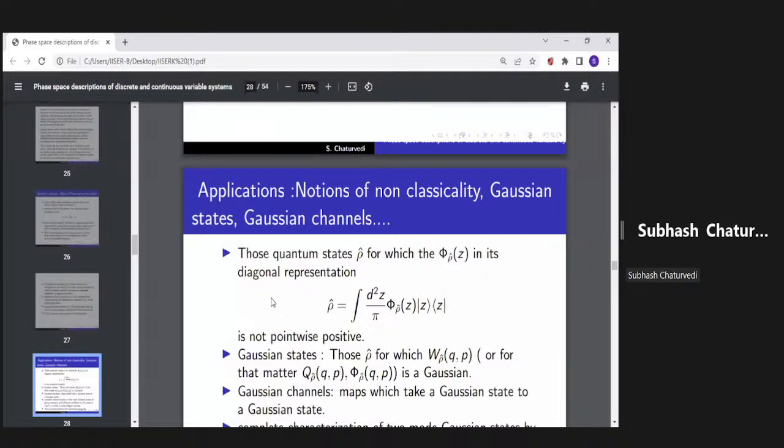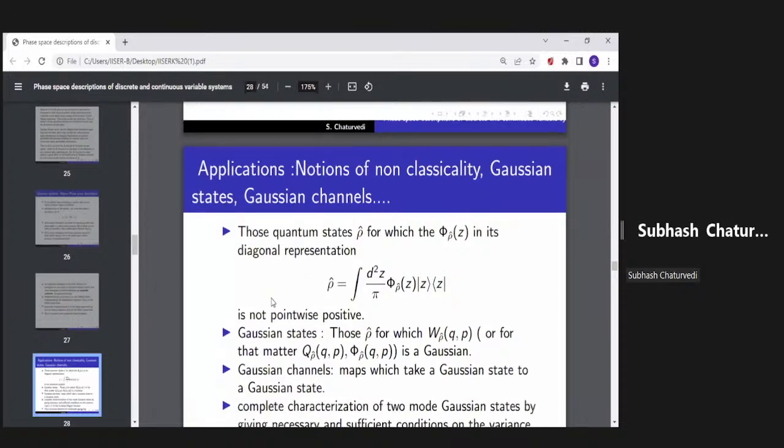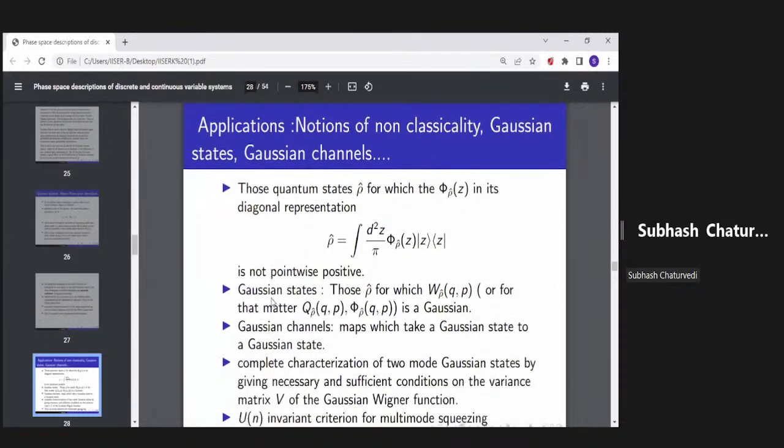So this is one notion that arises from these phase space descriptions that we just discussed. Then they also allow us to define the notion of Gaussian states, namely those states rho for which the corresponding Wigner function is Gaussian in the variables Q and P. So they lead to the notion of Gaussian states.